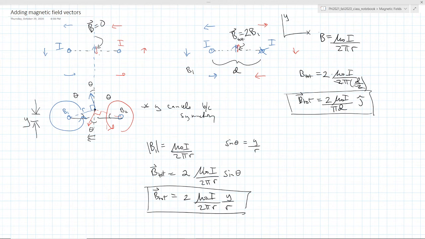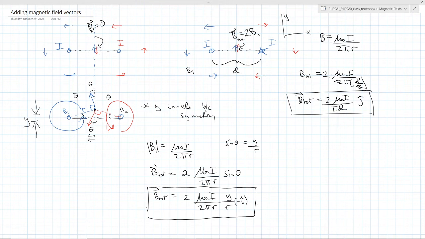And then the other piece of information that we could add to this picture is the direction. So this is pointed in negative x. So this would have negative i hat direction. Try and be a little more organized here.